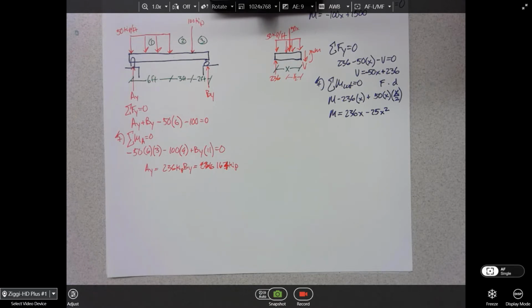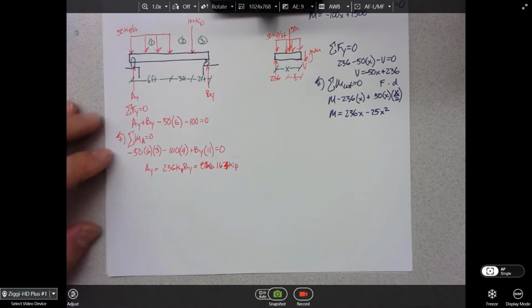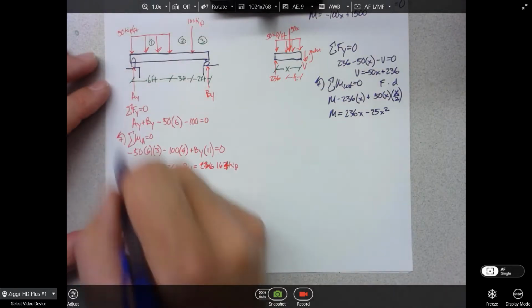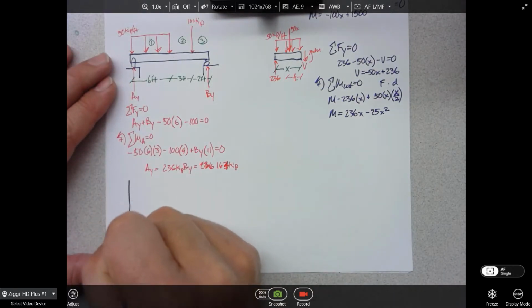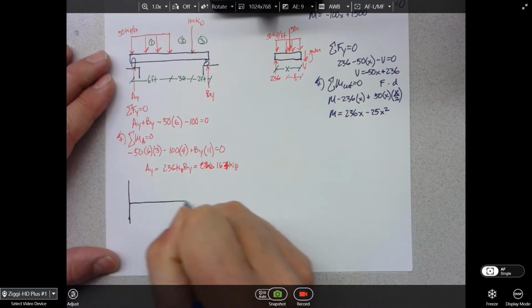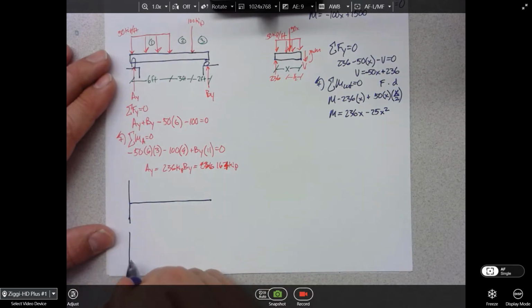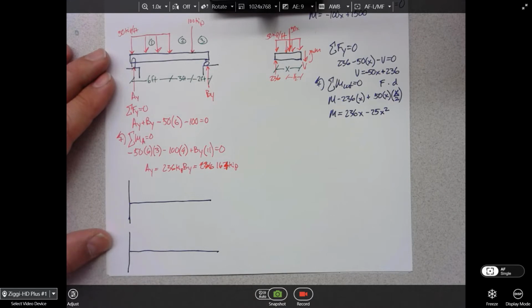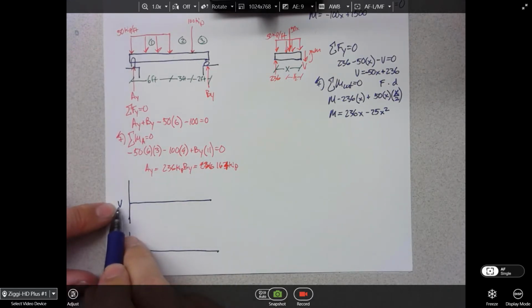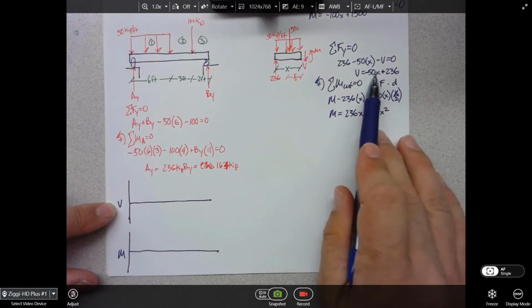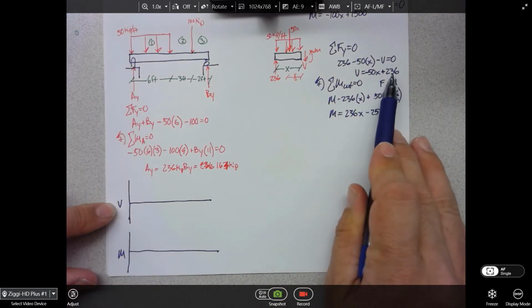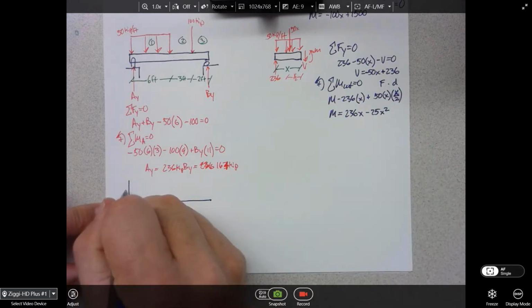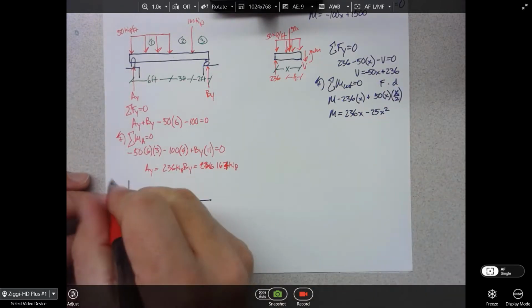Okay. I did a boo-boo and put this here, but we're still going to put our shear and moment diagrams over on this side. Here's shear. Here's moment. Let's plot the shear diagram first. It says that we have negative 50x, but the y-intercept is 236, so we'll come up to 236.